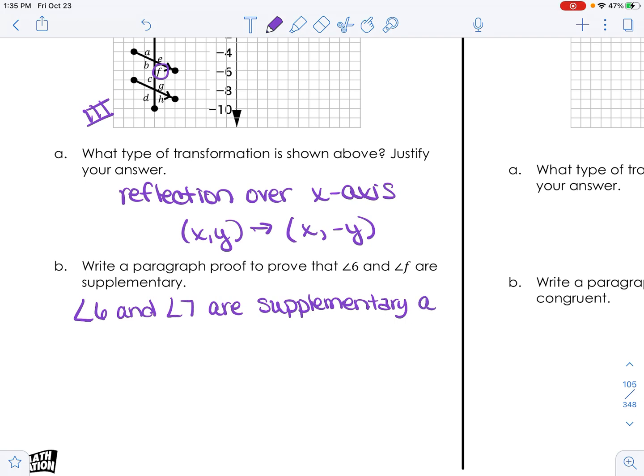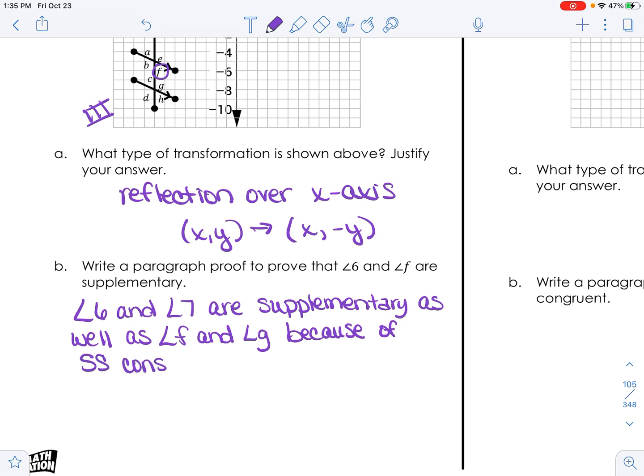They are supplementary as well as F and G. Because of same side consecutive angles theorem.